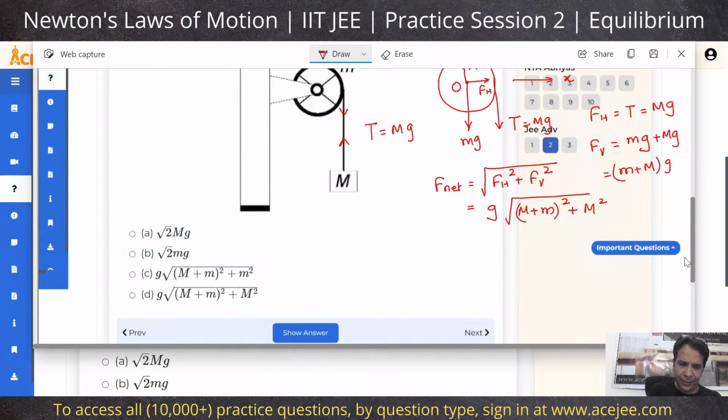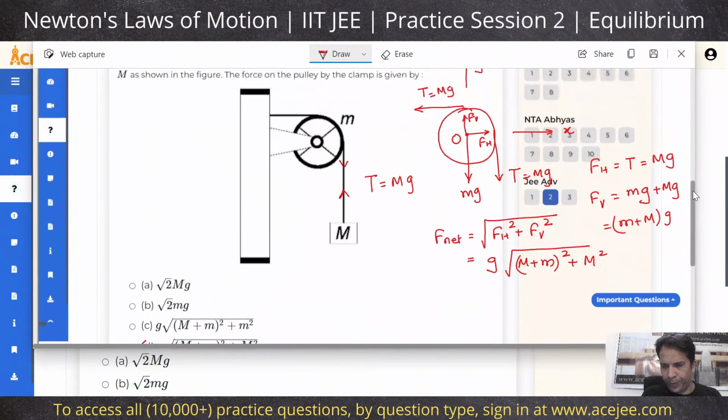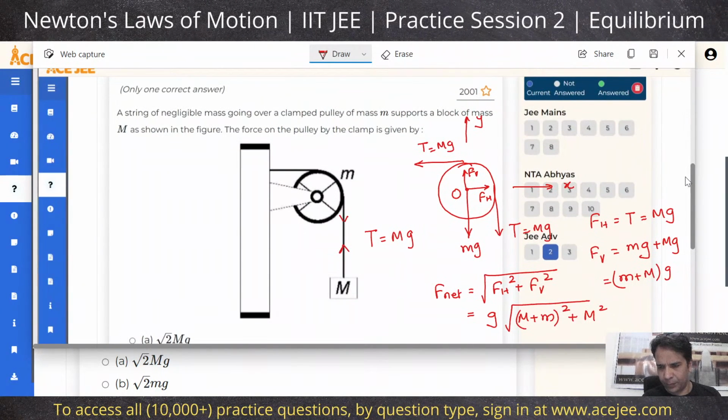Ruchika beta, you said D. Yes, sir. Beta Manan, where were we stuck? Which component did you struggle with? Sir, the horizontal one. And beta, why did we struggle there? Just help me understand. Sometimes teachers ask a sarcastic question.